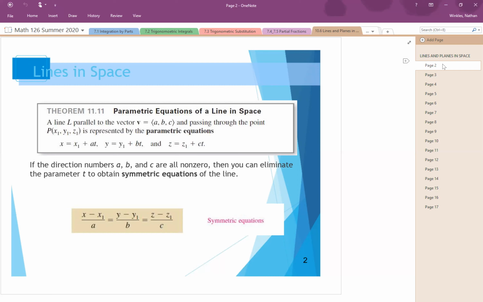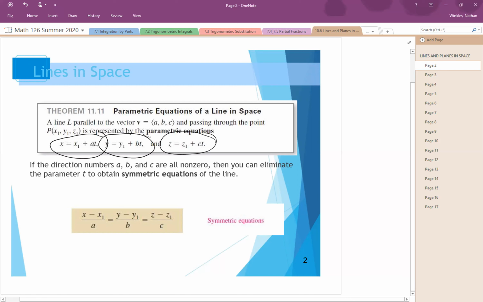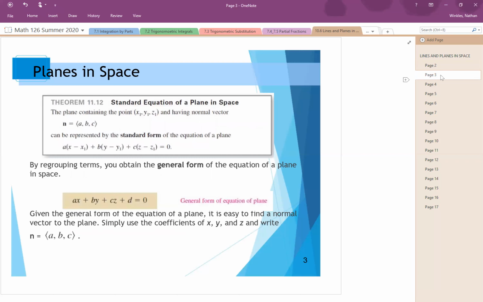All of this comes from solving each of these three equations for t. By solving each one for t, we can say t equals every single one of those. They're all symmetric equations, and we're going to use that as we go forward.